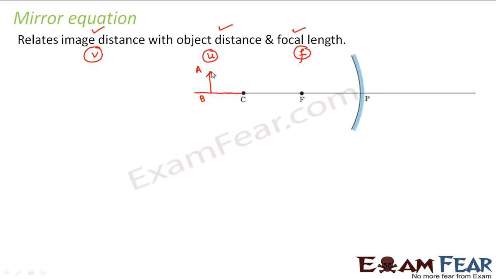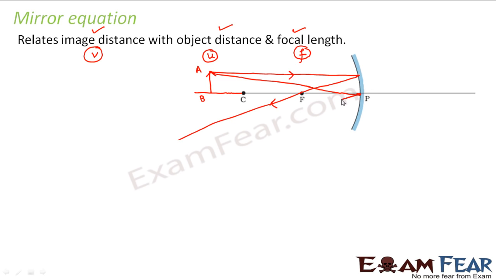So now let us follow the rules. Remember rule number 1. It says that a ray of light which falls parallel to the principal axis on the mirror, after reflection passes through the principal focus. Right? So this is my first ray of light. Now let us suppose there is another ray of light which falls obliquely on the pole of the mirror.